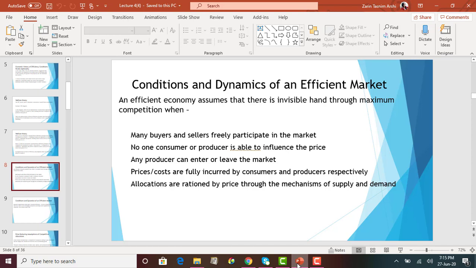So consumers pay the full price and producers pay the full cost of production. And lastly, allocations are rationed by price through the mechanisms of supply and demand. The economy will adjust automatically, which will ultimately determine the price, and based on the price we will allocate the resources accordingly.